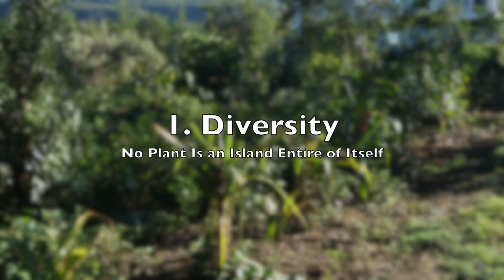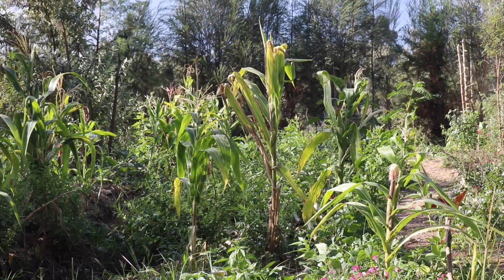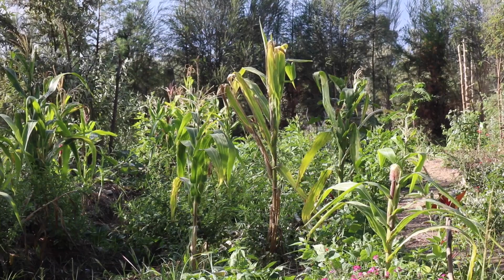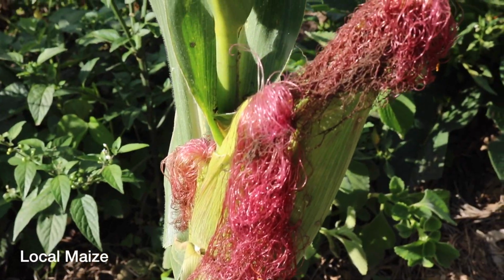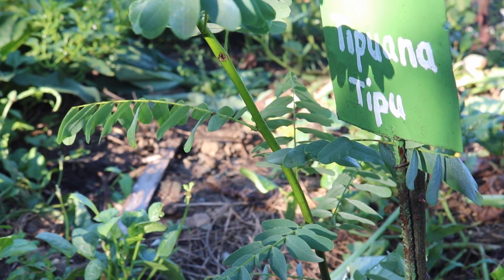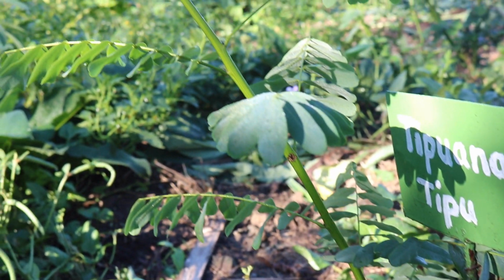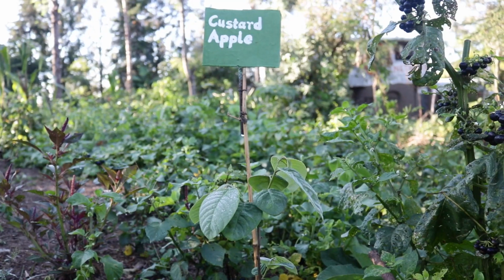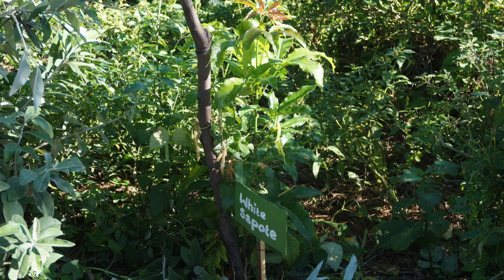When we started this food forest, we said, okay, let's bring in as much diversity as possible and show other farmers that you can have really diverse ecosystems that consist also of diverse species and cultivars of fruit trees and nut trees.